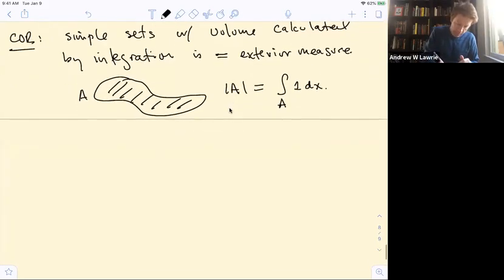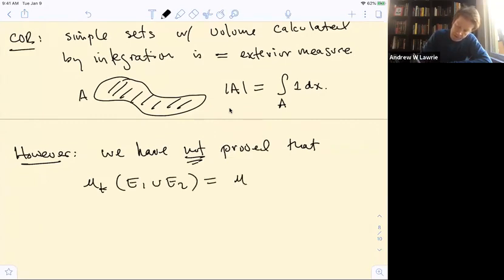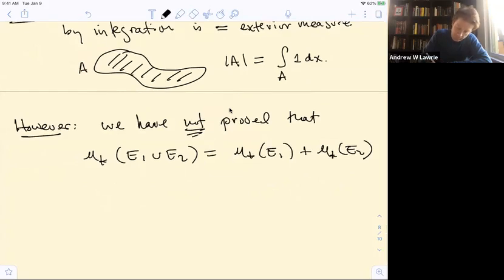However, getting back to Samuel's question from the beginning, we have not proved that the exterior measure of E1 union E2 is equal to the exterior measure of E1 plus the exterior measure of E2 for E1 union E2 a disjoint union.